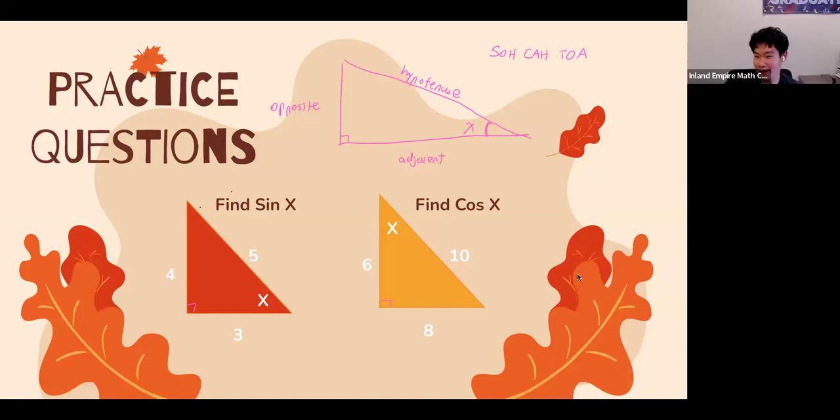Hey, Kohar. We're just in the middle of doing basic trigonometry, so you can just sit here for a second while we do these practice problems.